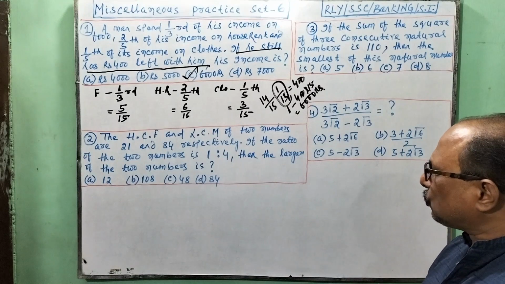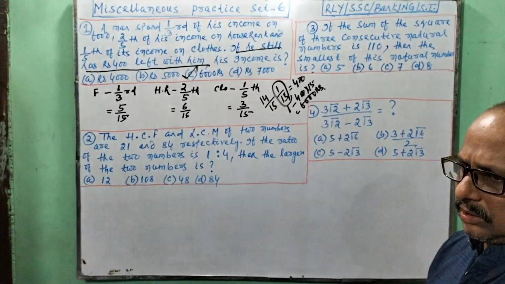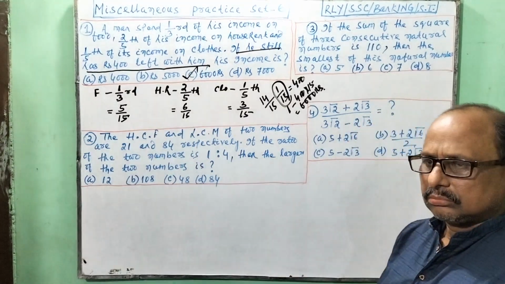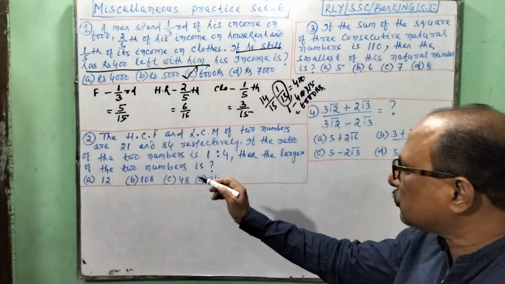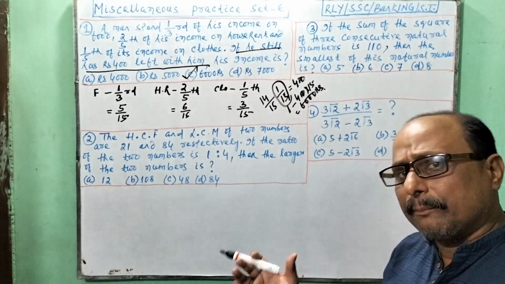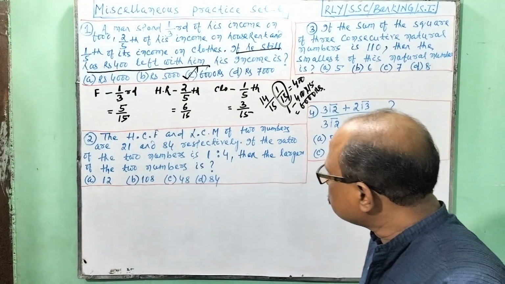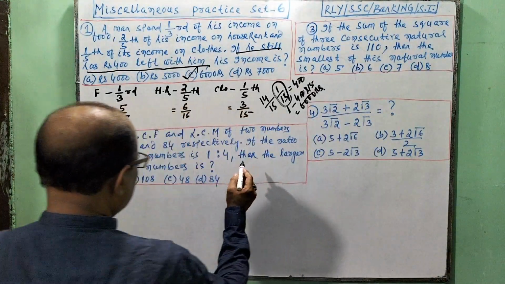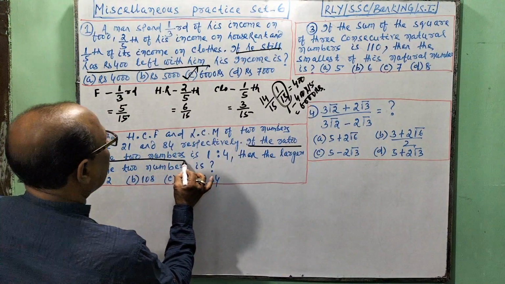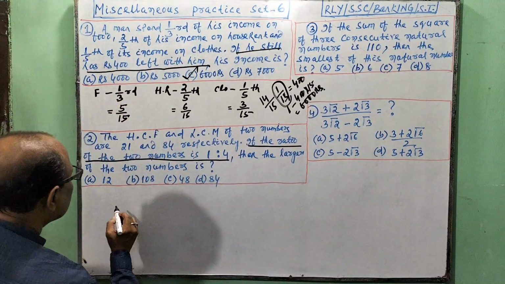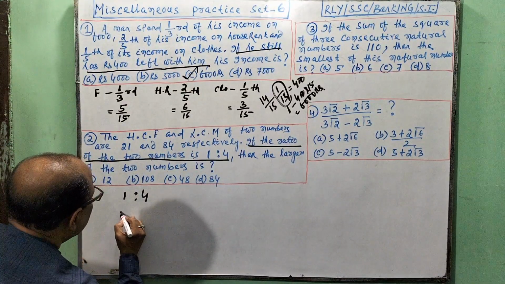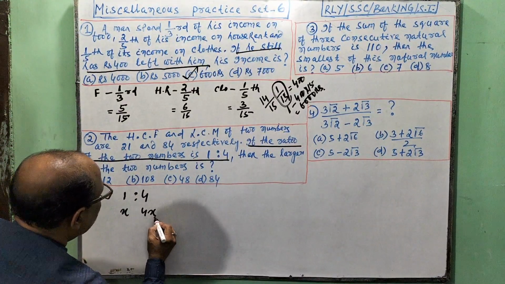If the ratio of the two numbers is 1:4, then the larger of the two numbers is... So if the ratio of the two numbers is 1:4, one number is x, so the other is 4x.